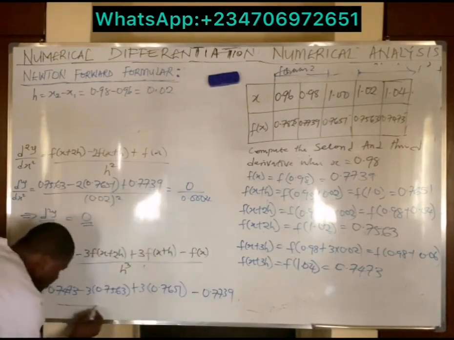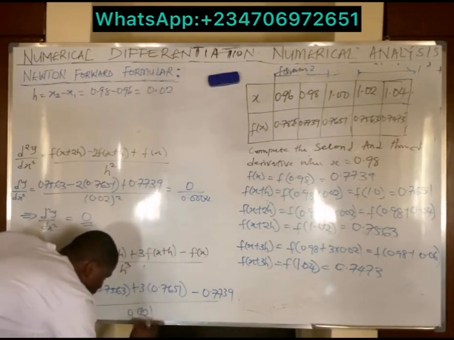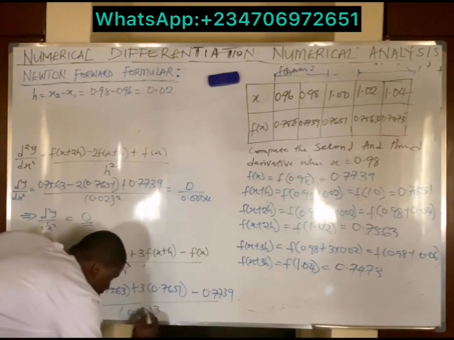The whole of this divided by h cubed, 0.02 to the power of 3.